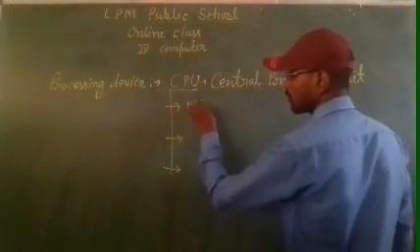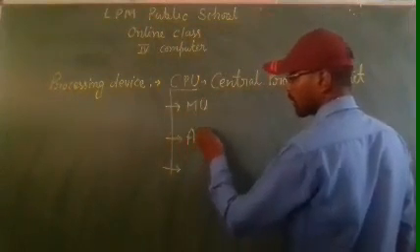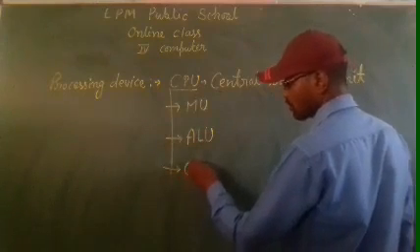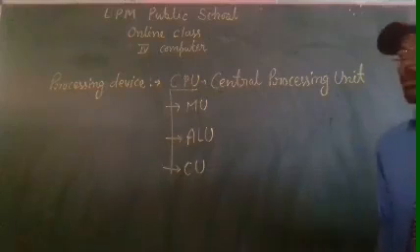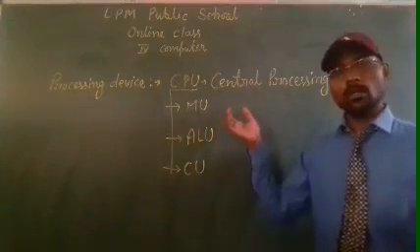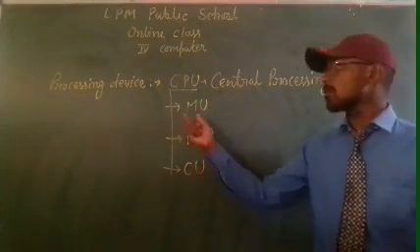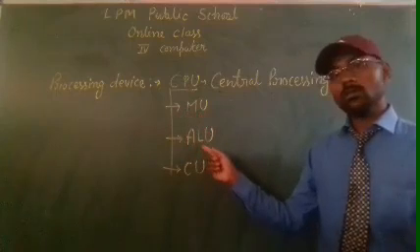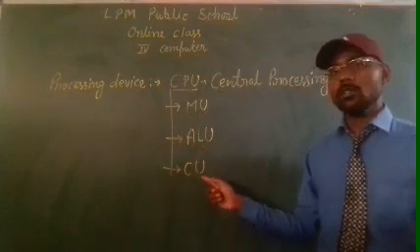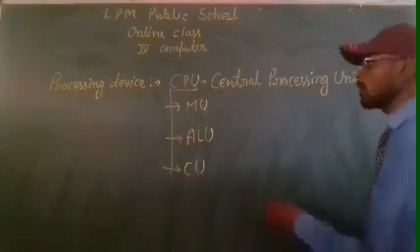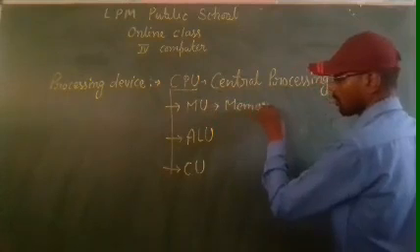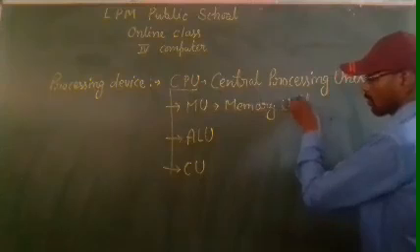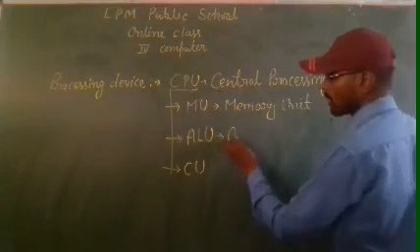First is MU, second is ALU and third is CU. A CPU, Central Processing Unit, is divided in three groups. Students, MU is stand for memory unit. ALU is stand for arithmetic logical unit.